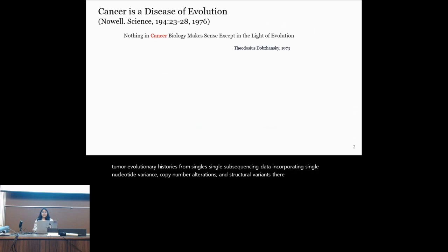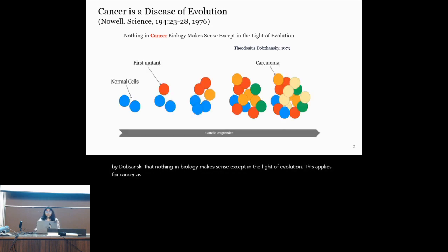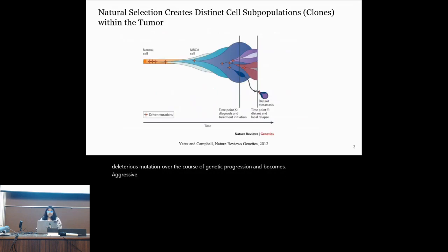There is a famous saying by Dobzhansky that nothing in biology makes sense except in the light of evolution. This applies for cancer as well. So cancer is an evolutionary disease where healthy cells acquire a series of deleterious mutations over the course of genetic progression and become aggressive.